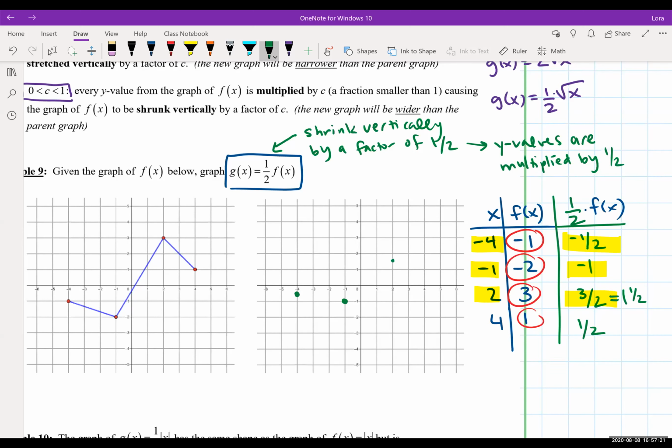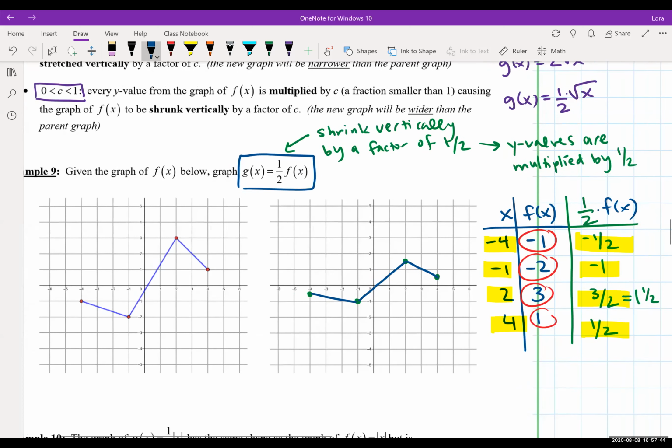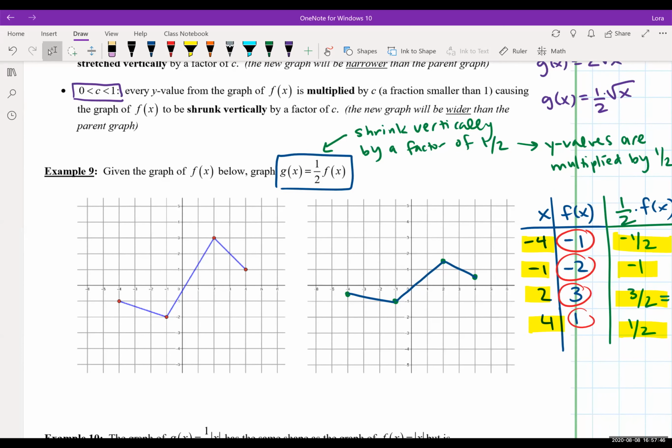That's about right here. And the last one, 4, 1/2. We can draw that in. And we end up having our function, which, notice the x values have not changed. It's the y values that got compressed. So they were shrunk vertically by a factor of 1/2.